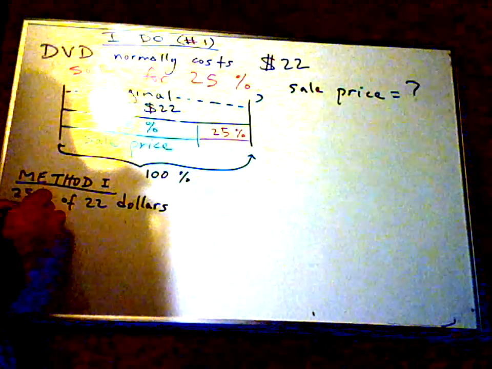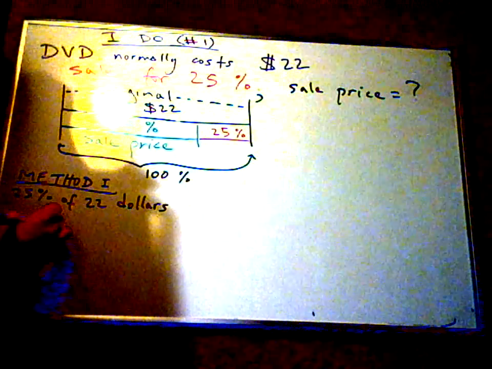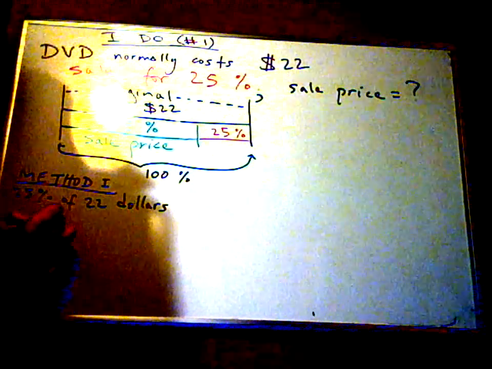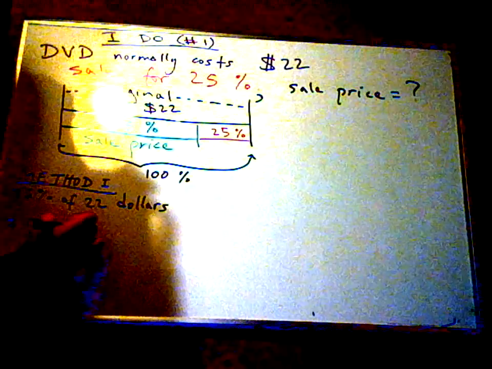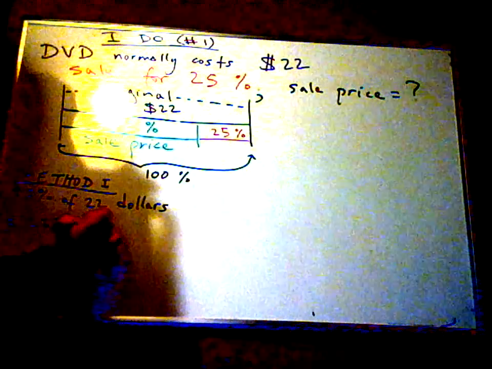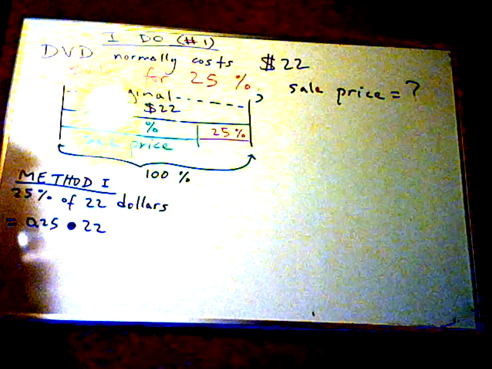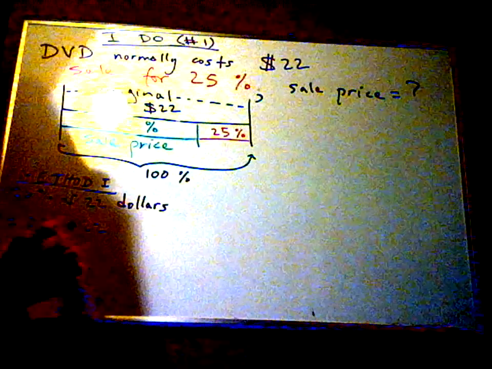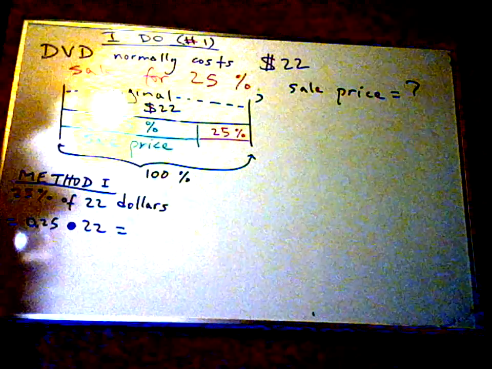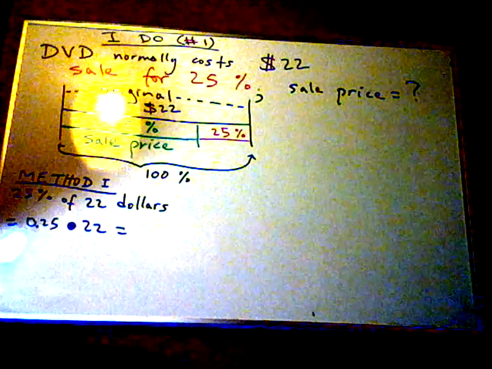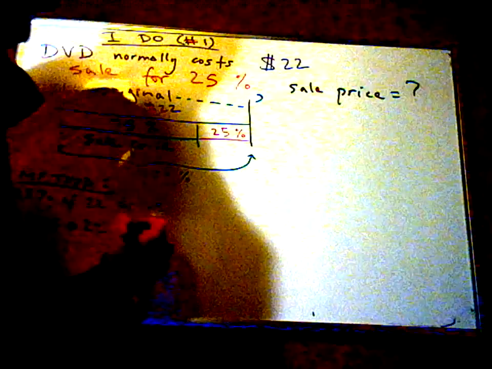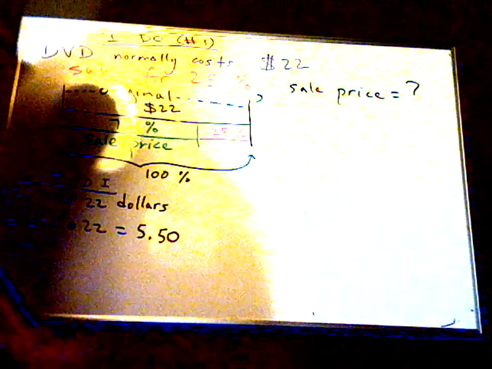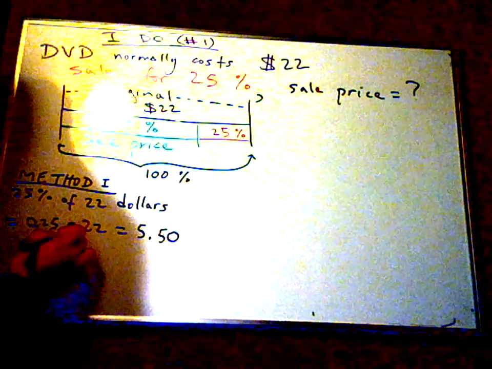And that's going to be the same as 25% is 0.25 times 22. Okay. 0.25 times 22. And that would be $5.50.